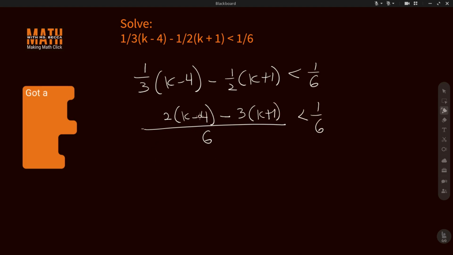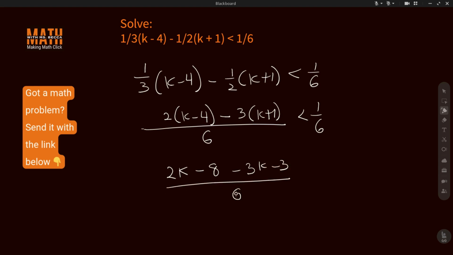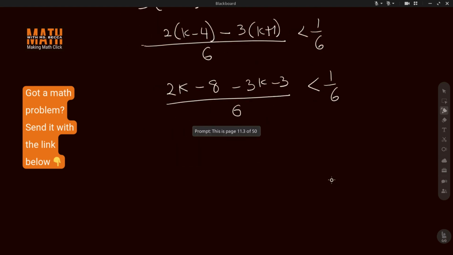Now let's open the bracket here so that we have 2k minus 8, then minus 3k minus 3, over 6, less than 1 over 6. Now let's cross multiply.